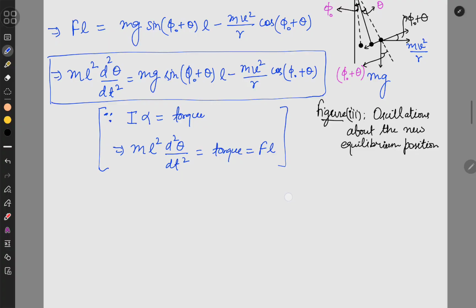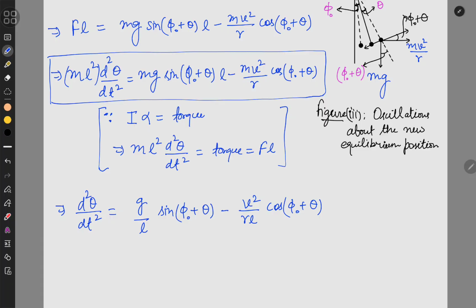Now in this equation, I will bring all the coefficient of d2 theta upon dt2 to the right side, and I will be left with the following equation. Now I will expand these formulas, sine of phi naught plus theta and cosine of phi naught plus theta.